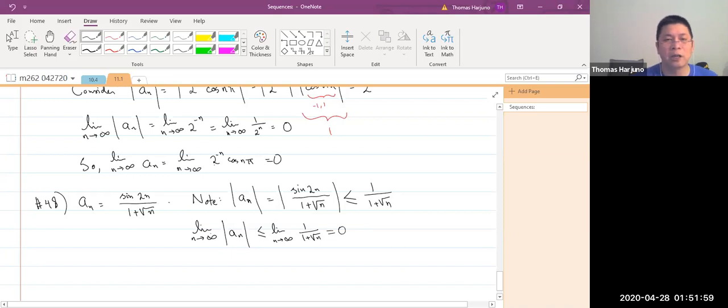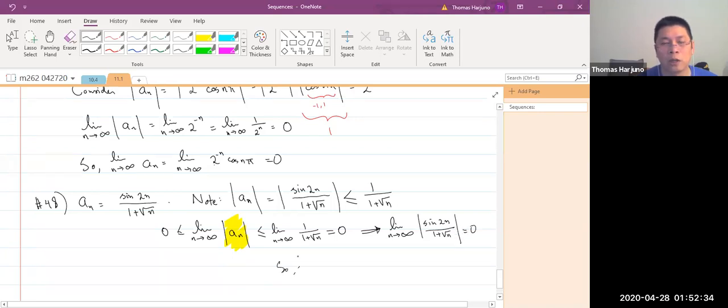Notice that this expression is always greater than or equal to 0. By the squeeze theorem, therefore, the limit as n goes to infinity of the absolute value of sine 2n over 1 plus radical n is 0.